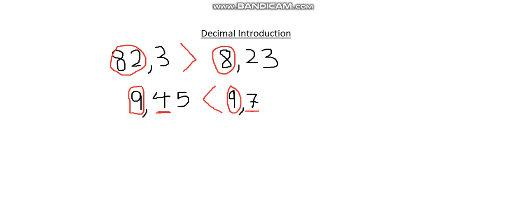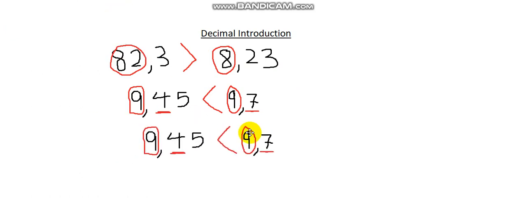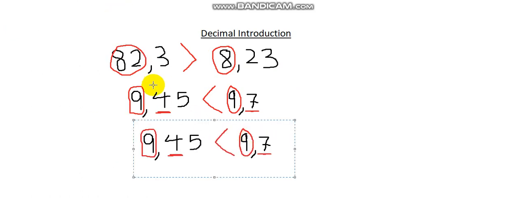What if they are also the same? So here, in my example, instead of 9.7, let's say that I had something along the lines of 9.48.